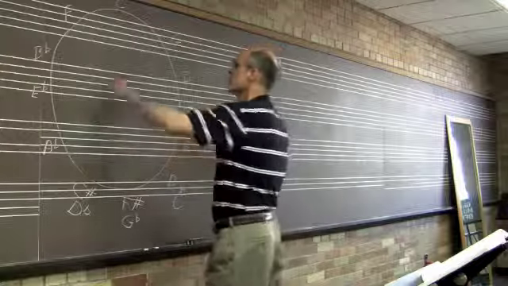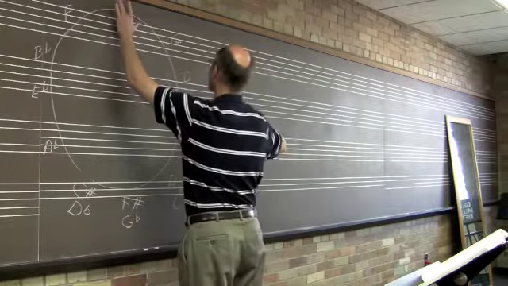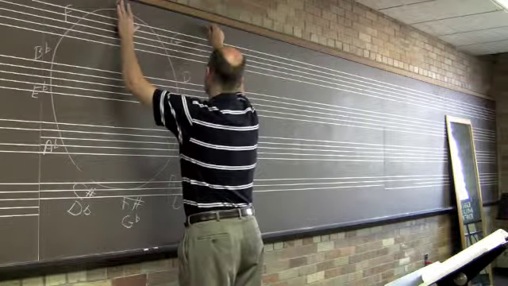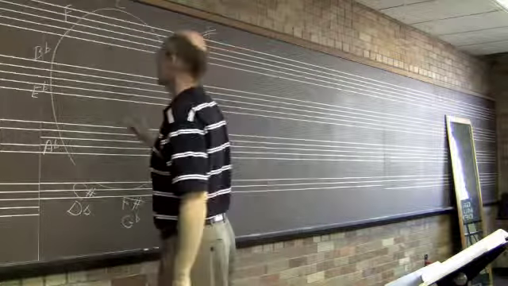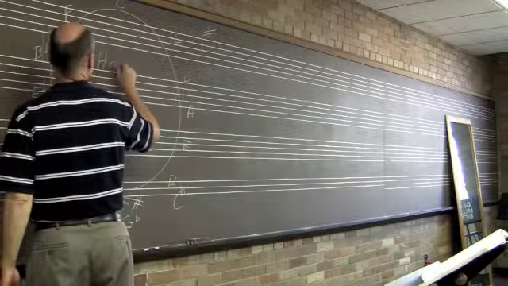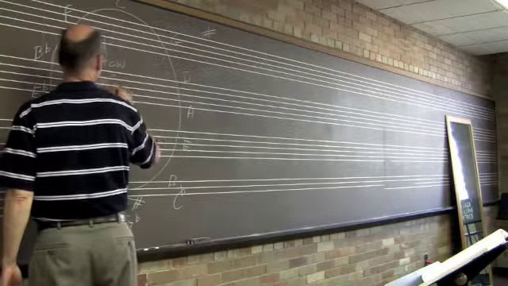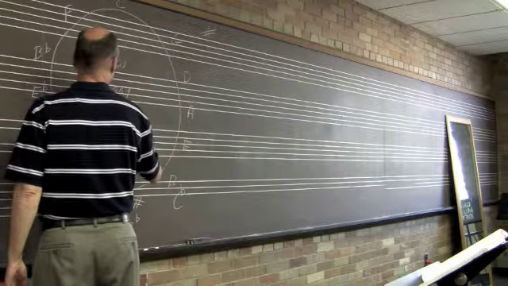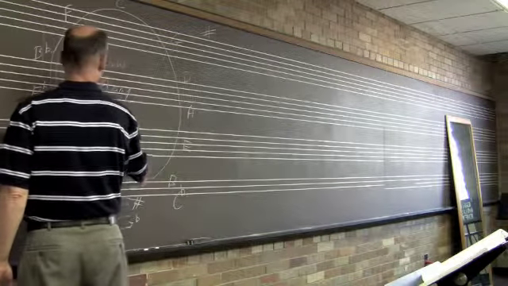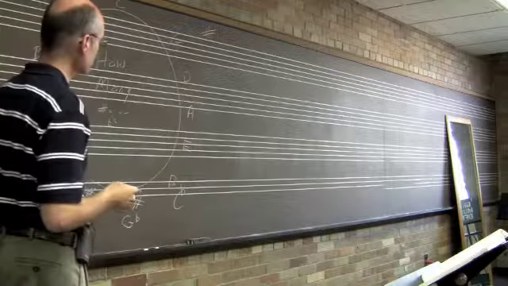Everything is natural. Over here, this is the sharp side of the circle of fifths. And again, the important thing you have to remember is this tells you how many sharps or flats. That's what it tells you, how many sharps or flats.